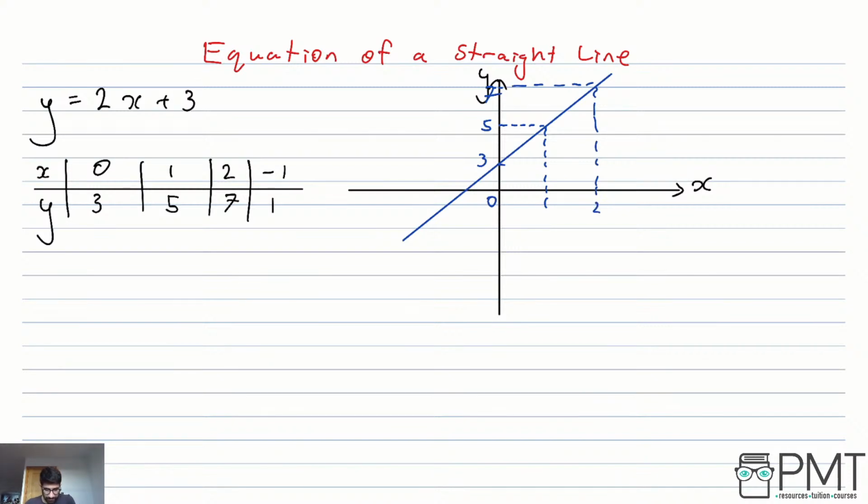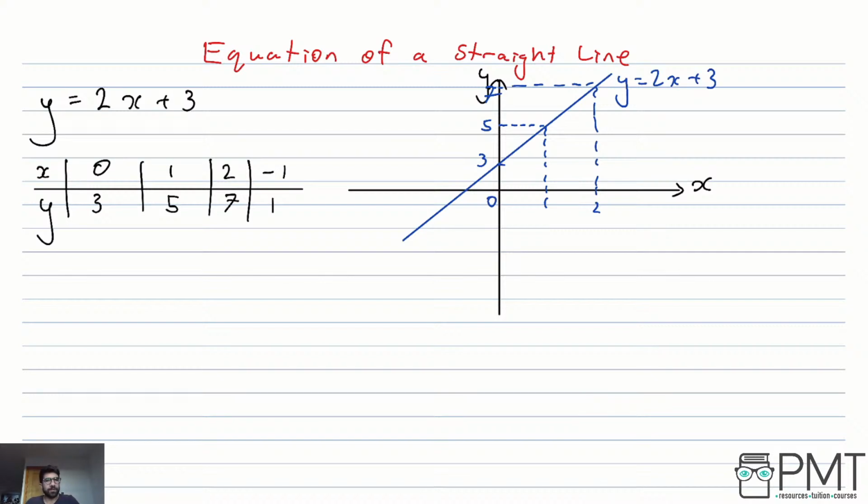And then when x is -1, we have 1, and so on. So we are saying that this is y equals 2x plus 3. One way of drawing the line is finding various values and plotting them. But say you don't want to do that, I actually didn't put all the points there, but I just drew the straight line.